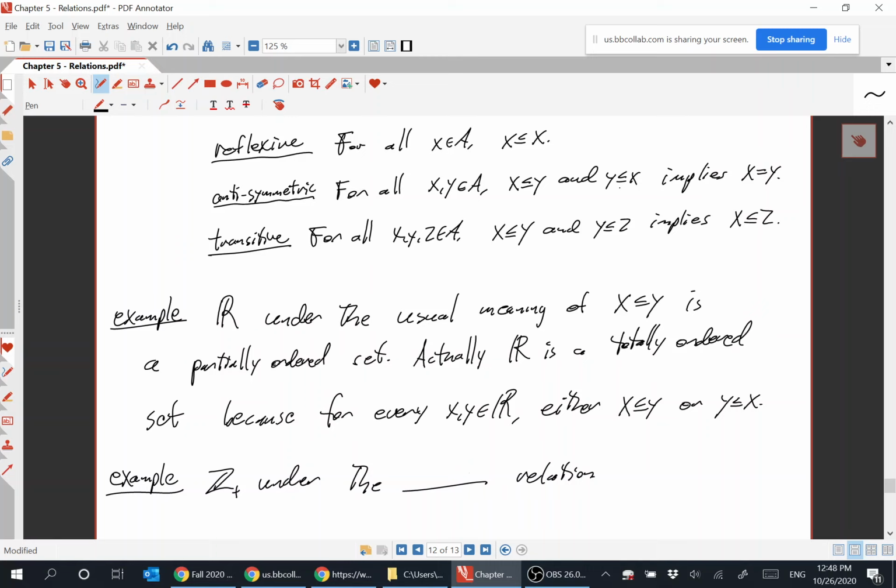It's a weaker relation than less than or equal to. For example, 4 is less than 7, right?